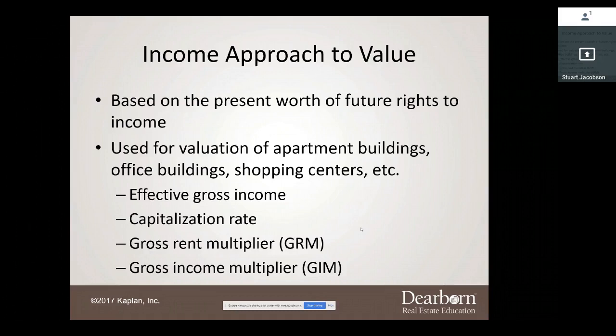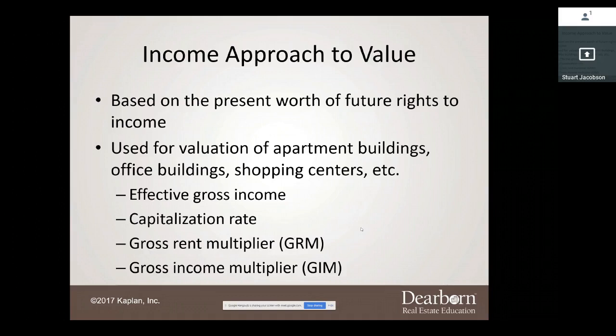So there is a relationship there, and what you're doing is taking the known value of that property, if it is sold, and then taking that relationship between the two numbers, the value and the income, and using that numeric representation to find yours. Because let's say that strip mall that sold was a 25 store strip mall.